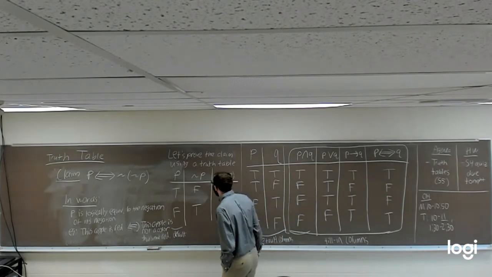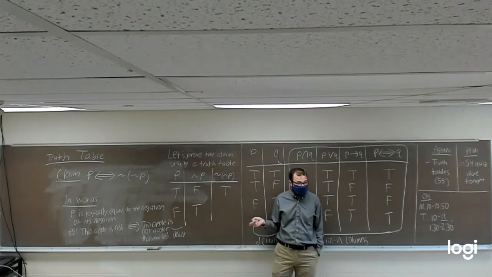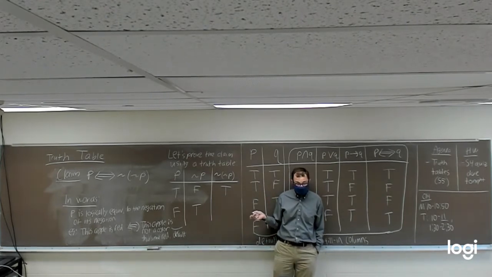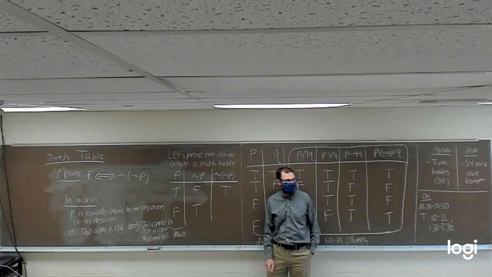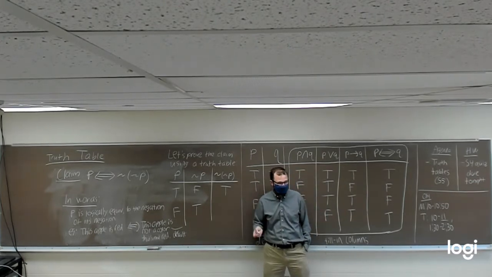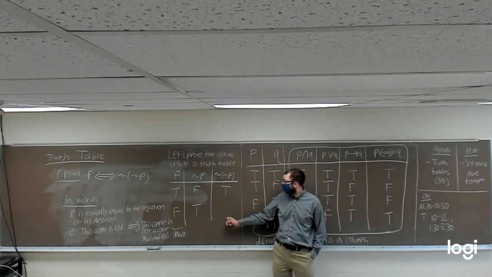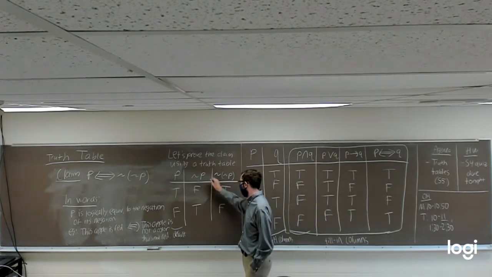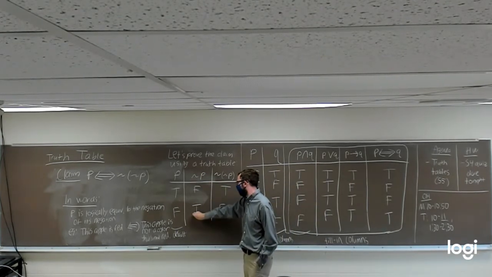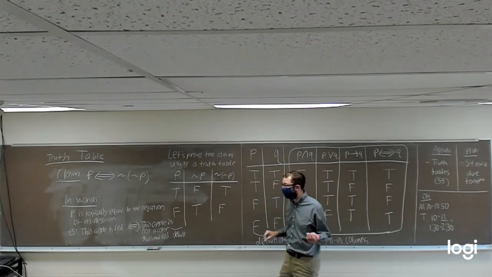And similarly, if the negation of P column is true, what can we fill in for the negation of negation of P column? Oh, sorry, I did a little pencil twirl in the way that made me think you were raising your hand. It's false. Yeah, it has to be false. Negation of P is true, so negation of that has to be false.